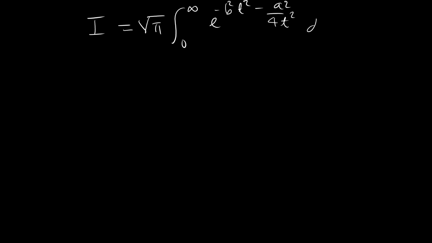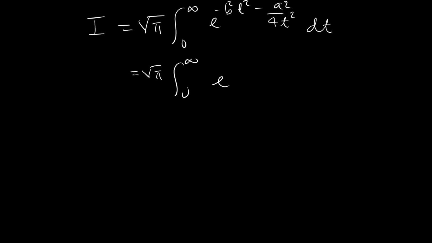So we've come to a point where we see I is the same as square root of pi times the integral from 0 to infinity of e to the power negative b squared t squared minus a squared over 4t squared, right? And so we can go ahead and re-express this in a certain way.